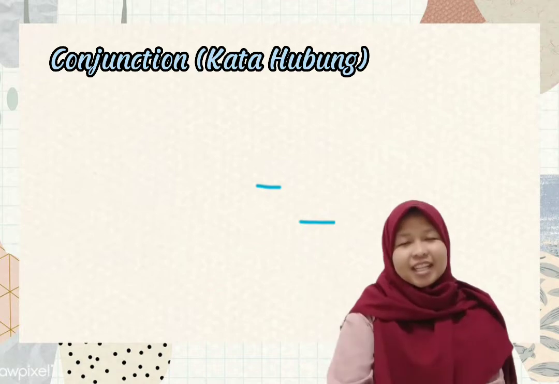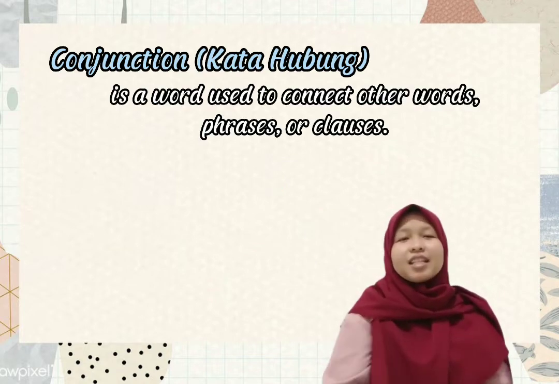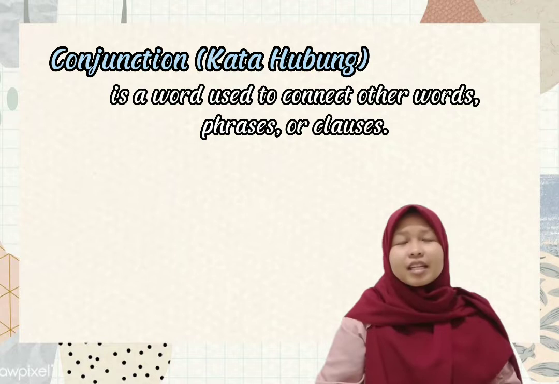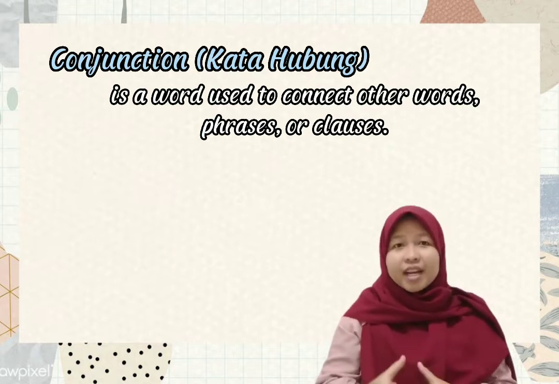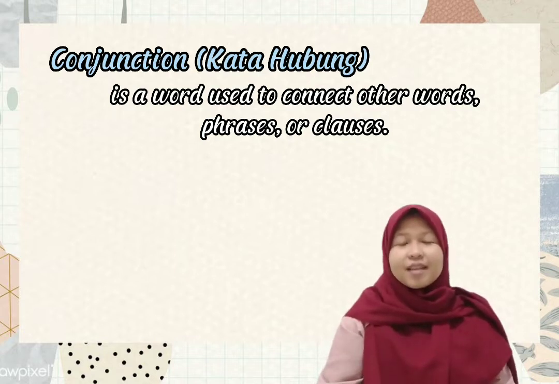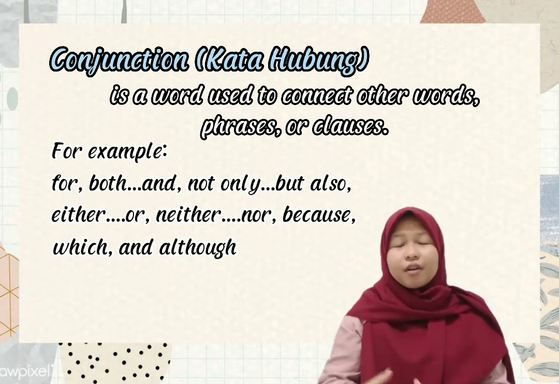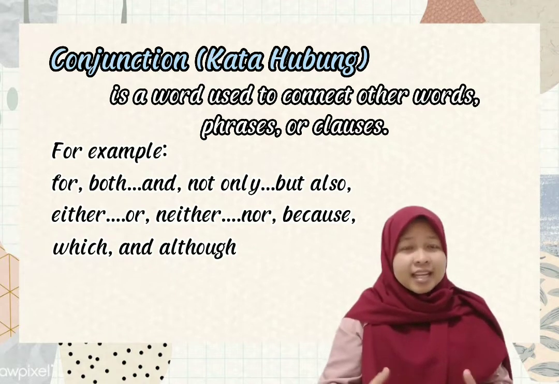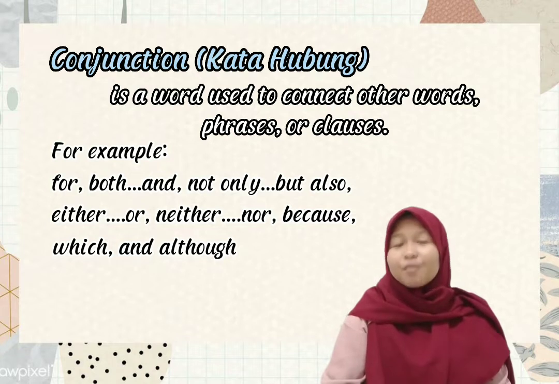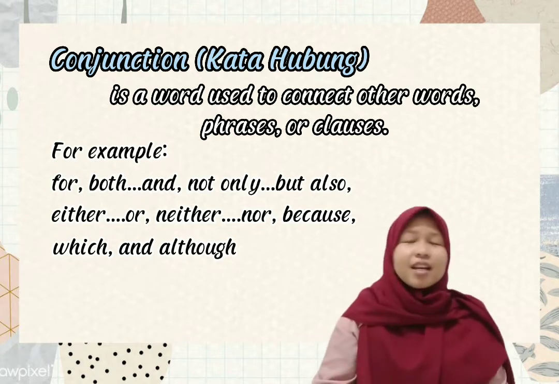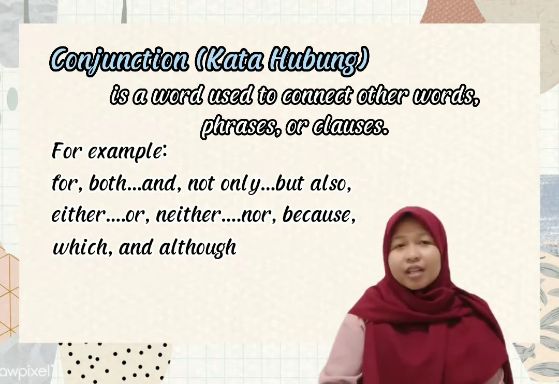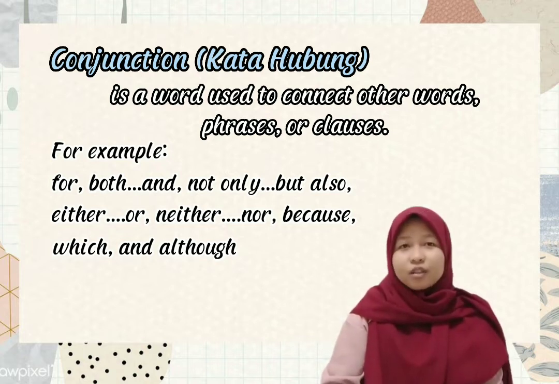Okay, the seventh is conjunction. Conjunction is a word used to connect other words, phrases, or clauses. For example, for, but, and, not only but also, either or, neither nor, because, which, although.